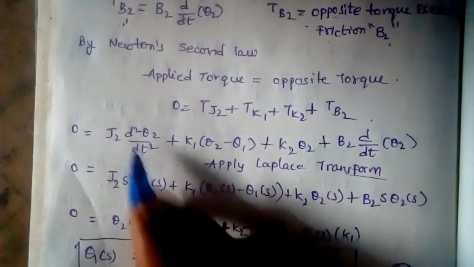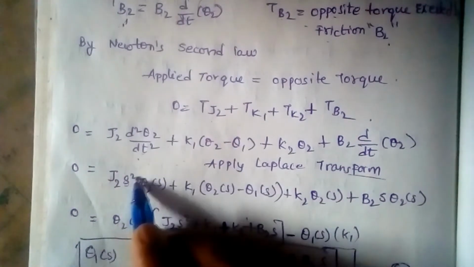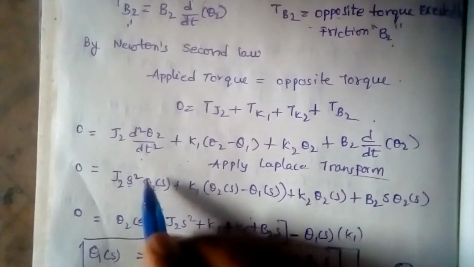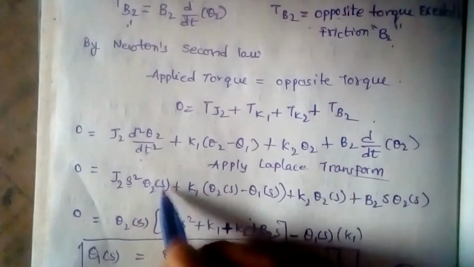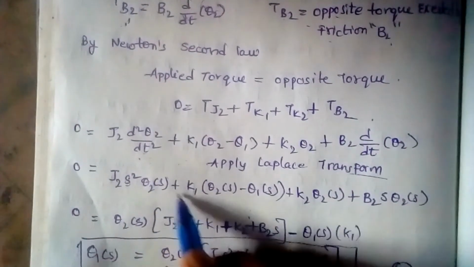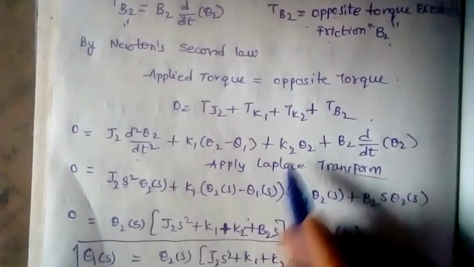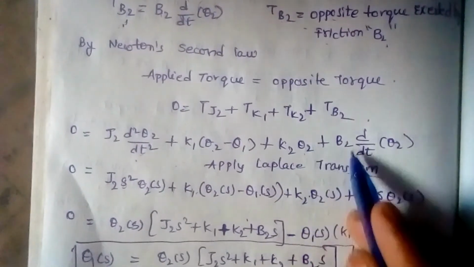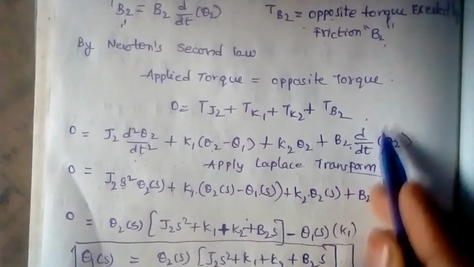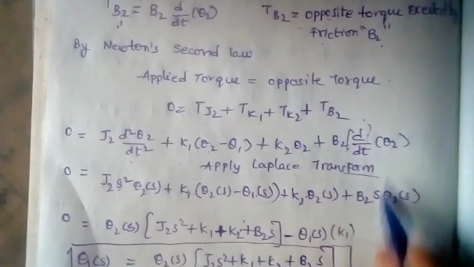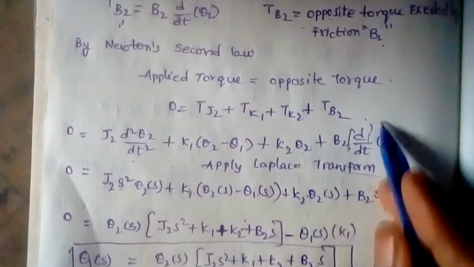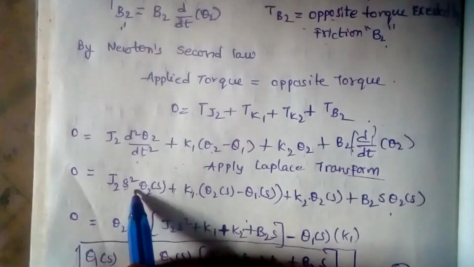Therefore d square by dt square means s square. After applying the Laplace transform, theta 2 becomes theta 2 of s. K1 times theta 2 of s minus theta 1 of s. K2 times theta 2 of s. B2 d by dt means only power 1, so s only. If power 2, s square will come.